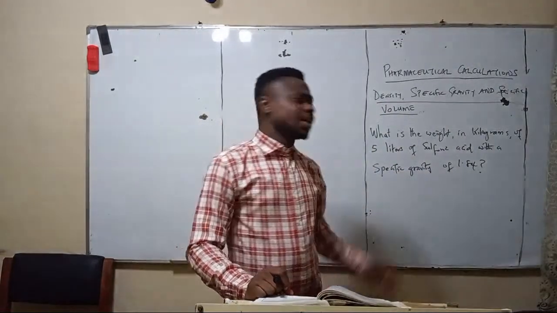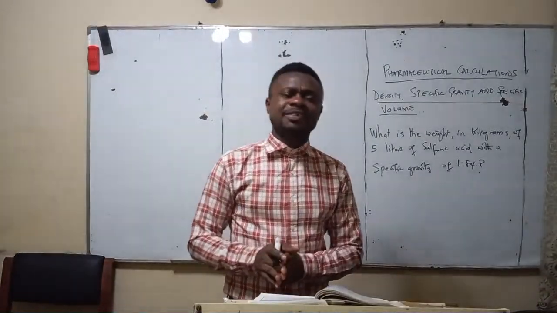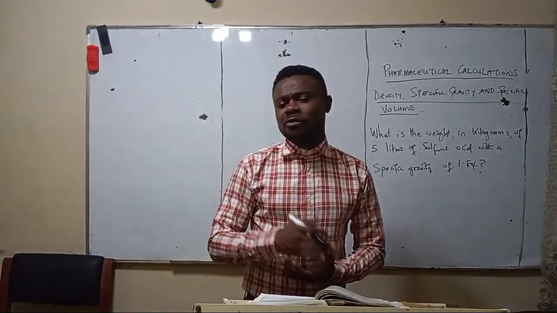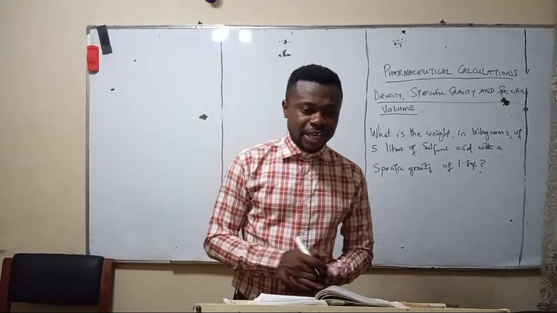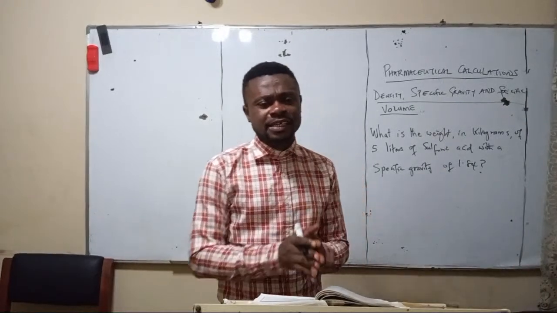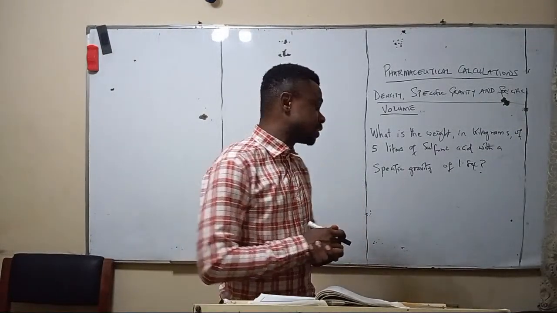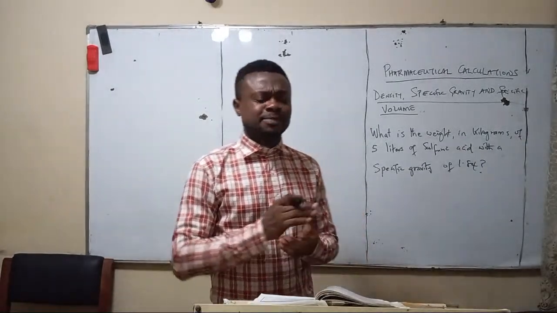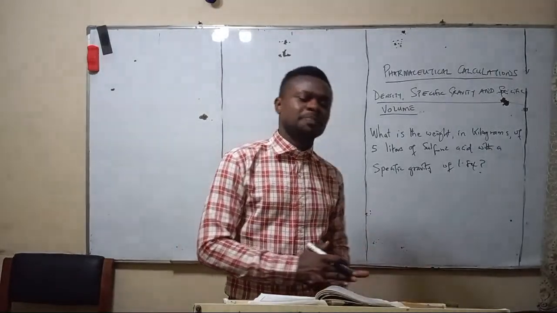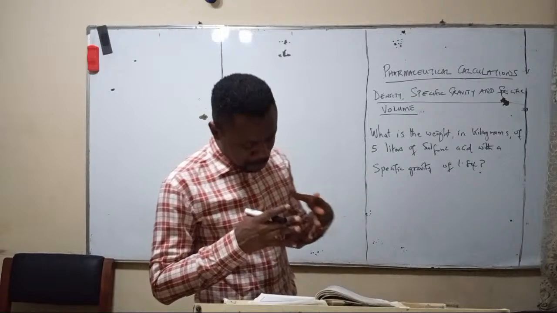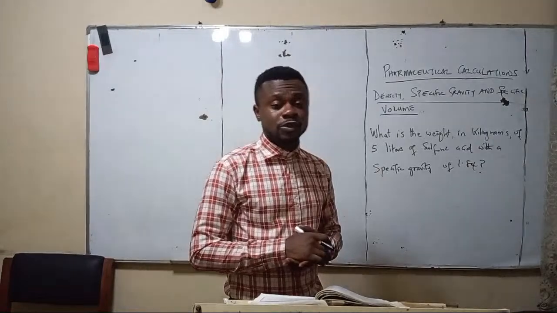You know that if a substance has a specific gravity greater than 1, that substance is heavier than water. If you mix that substance and water together, water will float on that substance. But if the substance has a specific gravity less than 1, that is 0 point something, that substance, when mixed with water, will float on top of water.